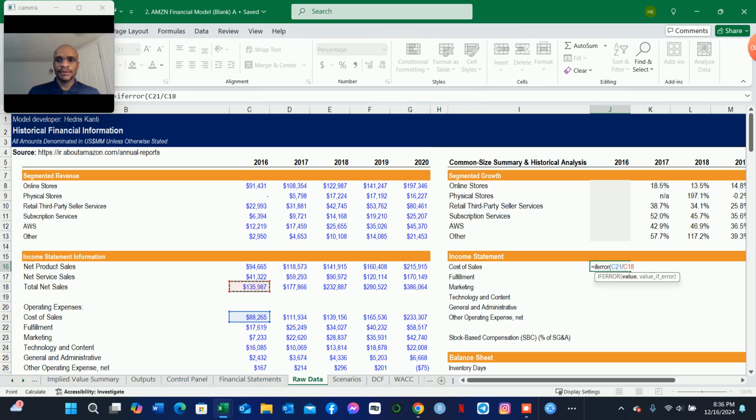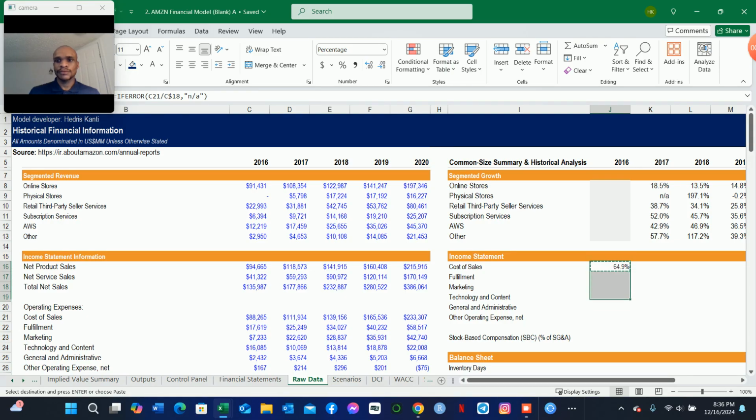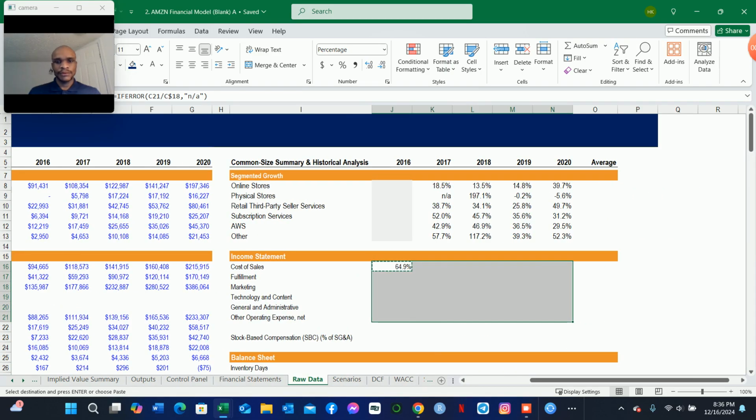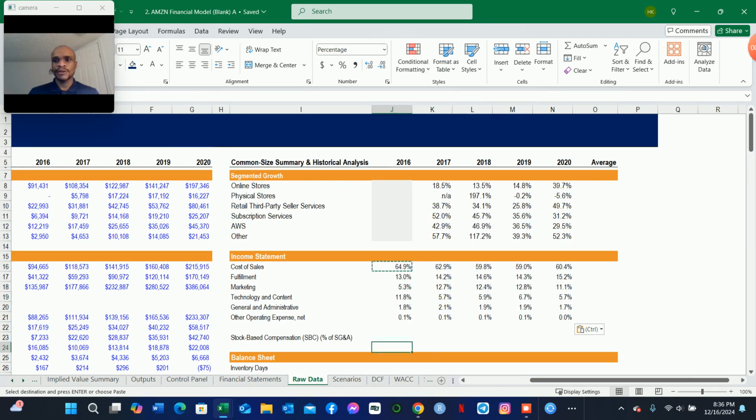Reference that cell with F2 times, so we can copy down and across. IFERROR, NA, we can copy this down and across. We have that in place there.